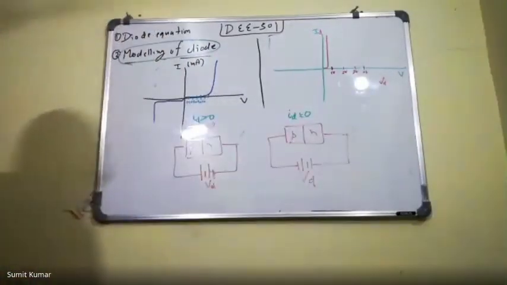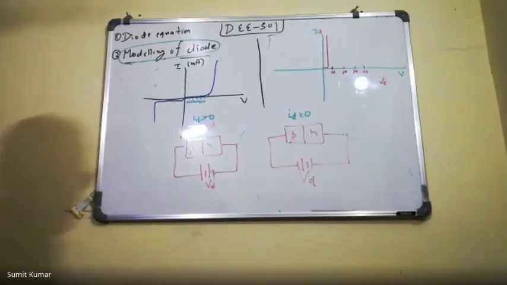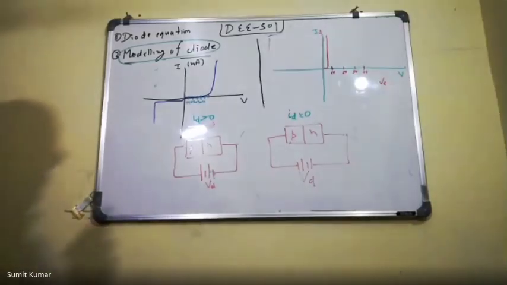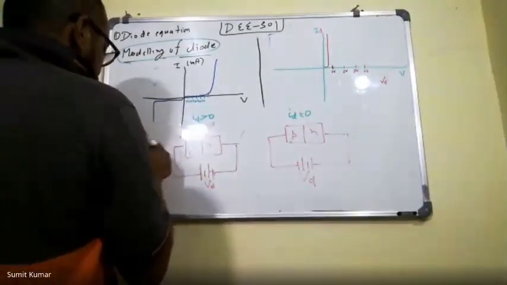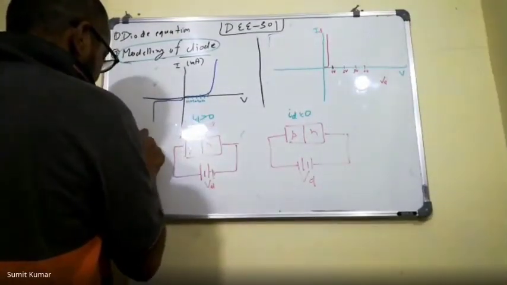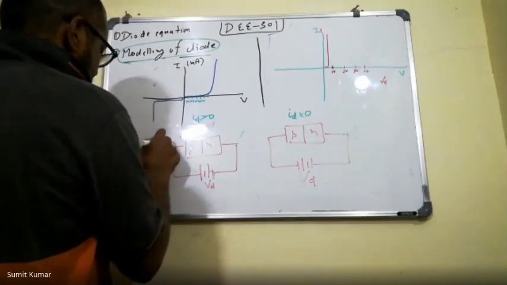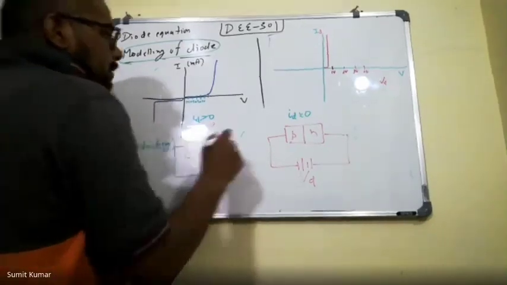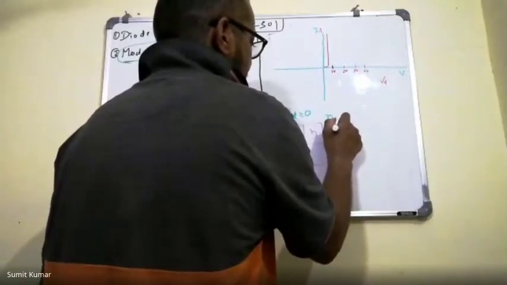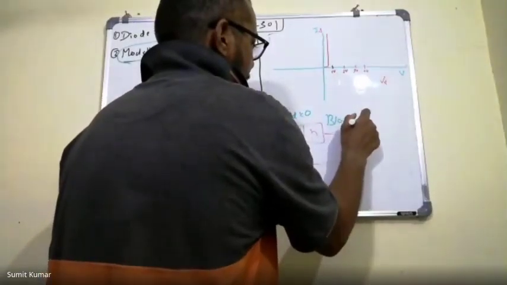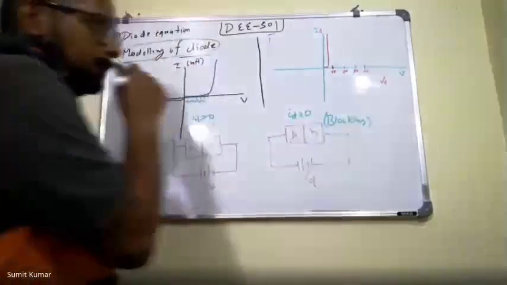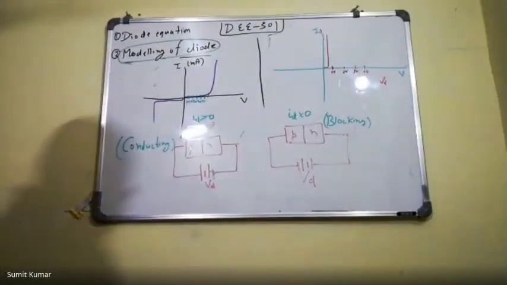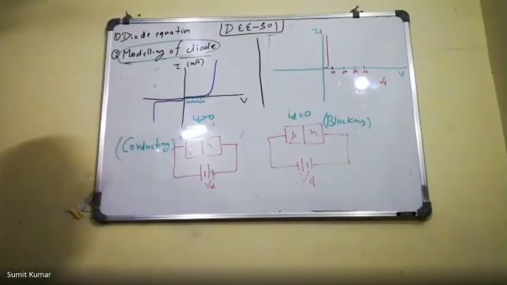So you need to understand these two conclusions: this diode will be conducting, and this diode will be blocking. So this diode is not conducting, or blocking, and this diode is conducting.